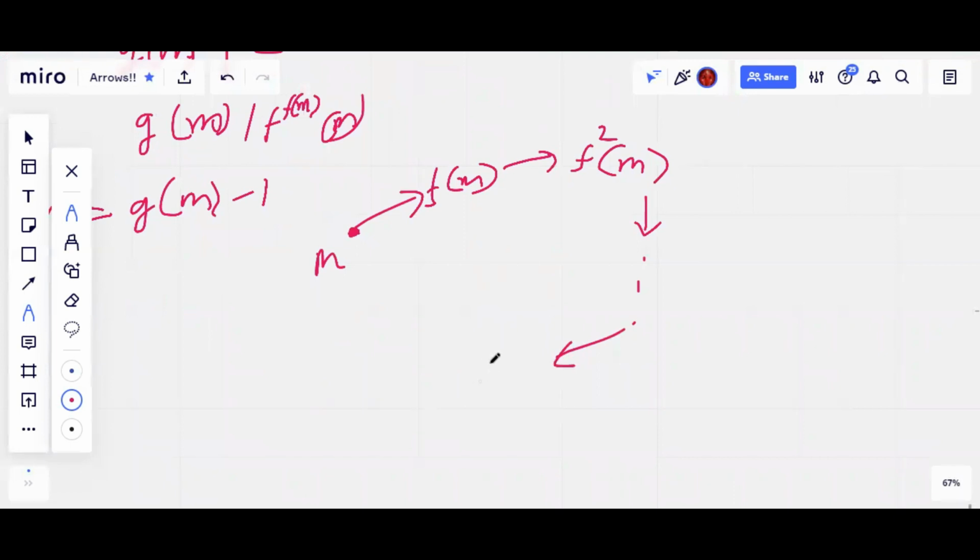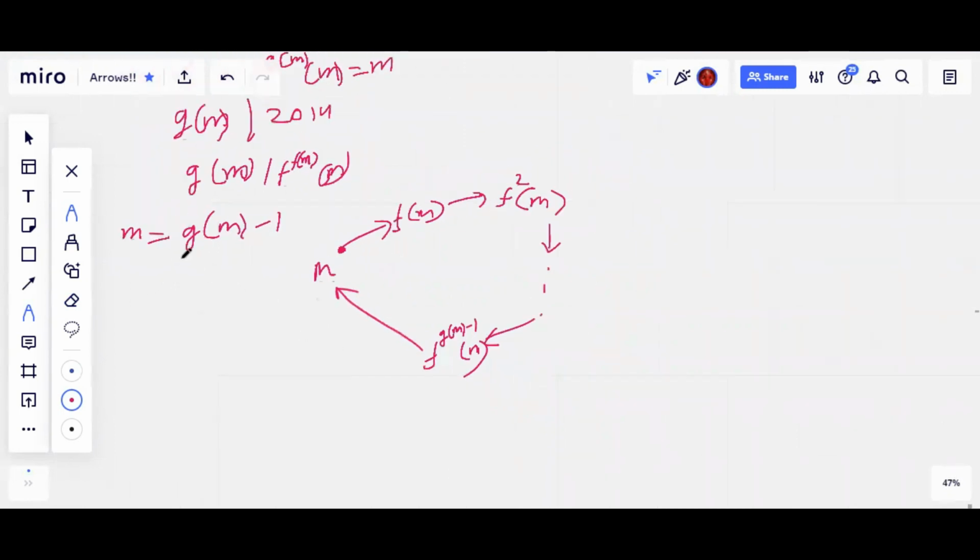We have f to the power g of m minus 1 of m, which maps to f to the power g of m of m, which is just m. So it makes sense to look at this element, right? Because it's the last element of the cycle, and it might give us some useful information. This is the idea behind looking at m equals g of m minus 1.